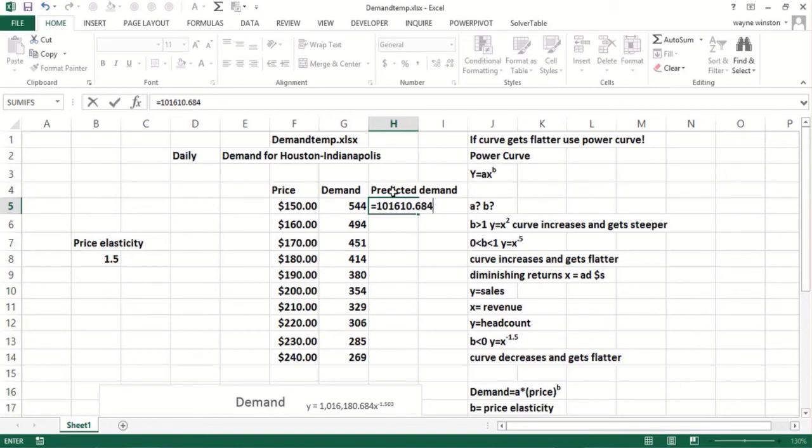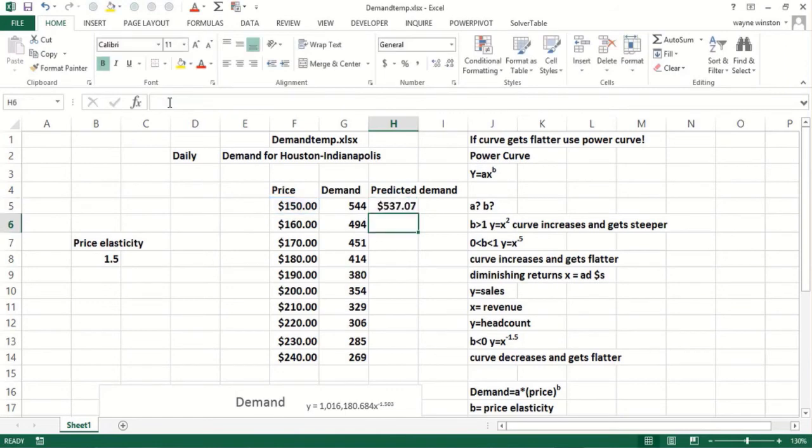So now this would be 1,016,180.684 times the price. Now, how do you raise to a power? You use the caret key above the 6, sorry. The caret key is the healthiest key on the keyboard, right? Oh, I think I'm missing a 0.